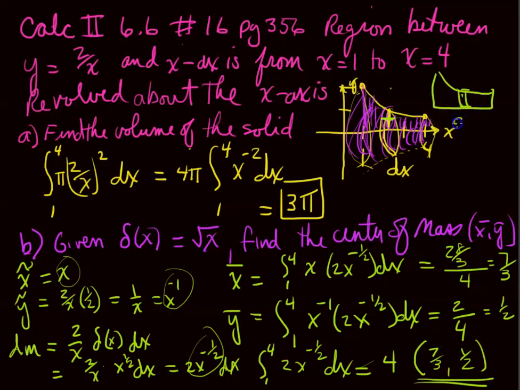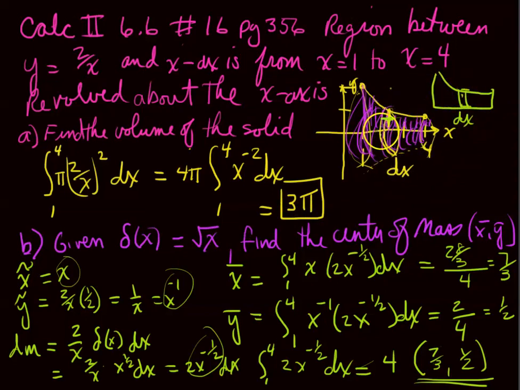We were also using, for the length here, just 2 over x. And then the density function being the square root is x to the 1/2. So we were doing it the same way as the book. They didn't ask the questions as clearly as I thought.